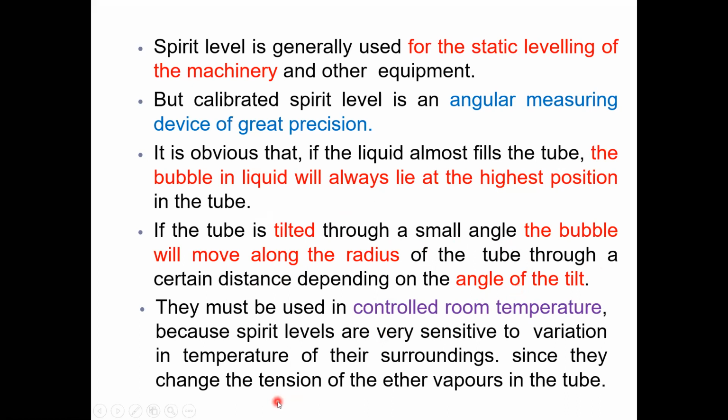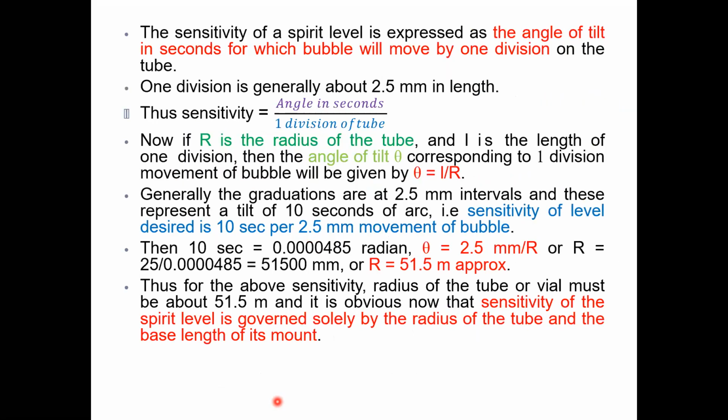Completely, these spirit levels are used in controlled room temperature because their sensitivity may vary with the temperature of the surroundings. You should know very well what the sensitivity is. The smallest tilt required in order to change the bubble position, that is the sensitivity.